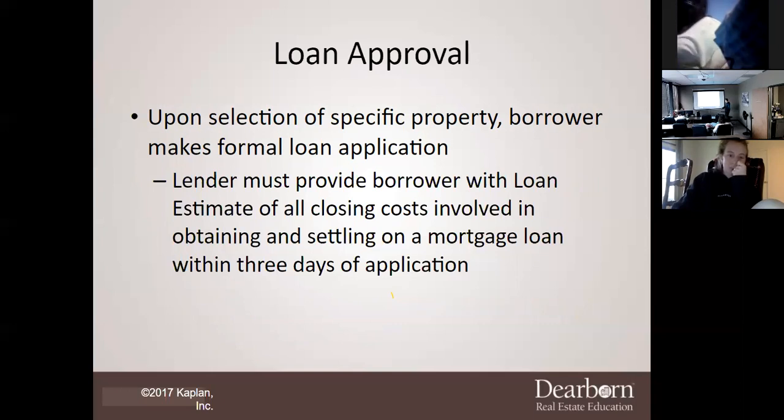The lender must provide the borrower with a loan estimate of all closing costs, including obtaining a settlement on a mortgage loan within 3 days of the application. So it's a pretty quick process to get approved like that, but within 3 days they have to, and there's no exceptions. You will need to know that for the test. They will test you on it.